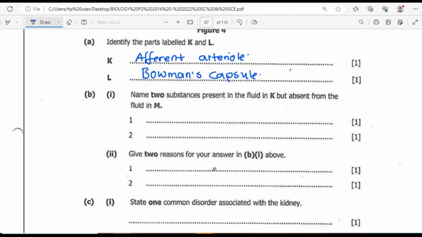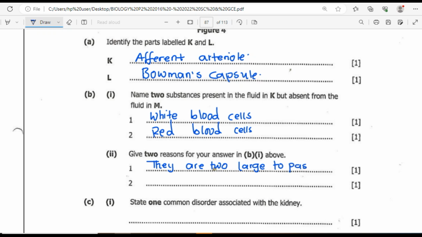The first one, we can look at white blood cells, also red blood cells, and also proteins if possible. Then give 2 reasons for your answer. Say they are too large to pass through.